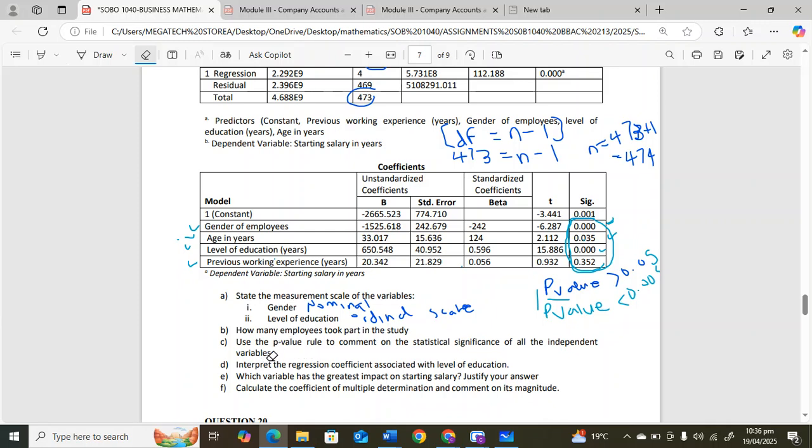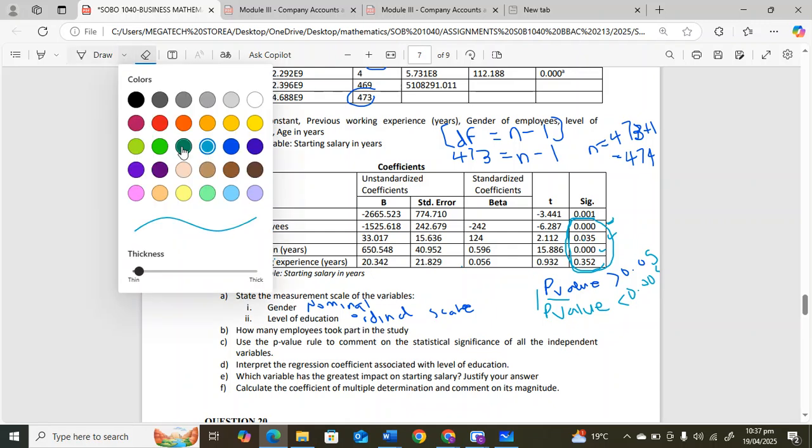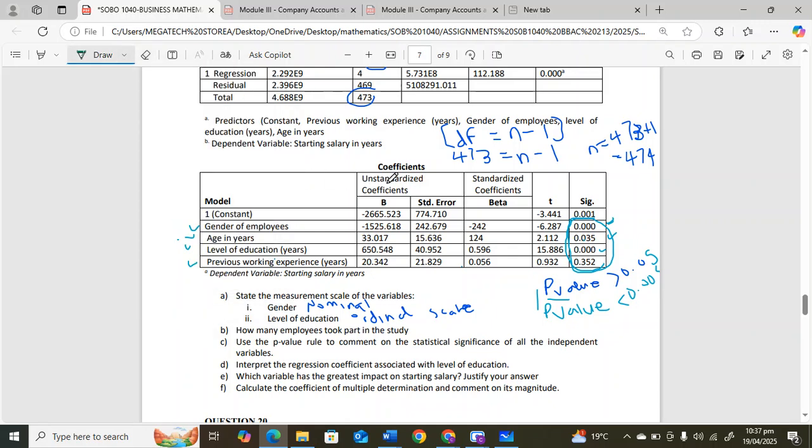Okay, so interpret the regression coefficient associated with level of education. So you come here. Level of education has a positive coefficient of 650.548.